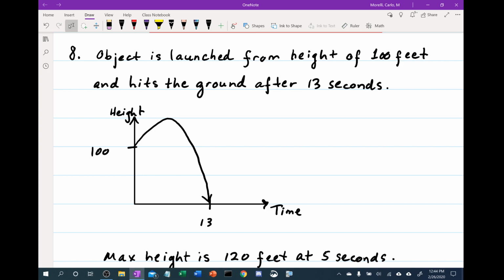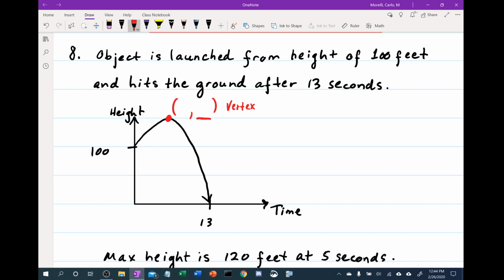So the range is not going to be 0 to 100. It's going to be 0 to the highest point. So we got to figure out what this number is right here, because this is going to be the y value of our vertex. Can you see that this is the vertex? You could call it the highest point.